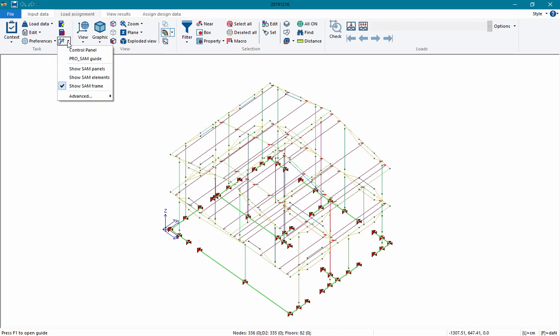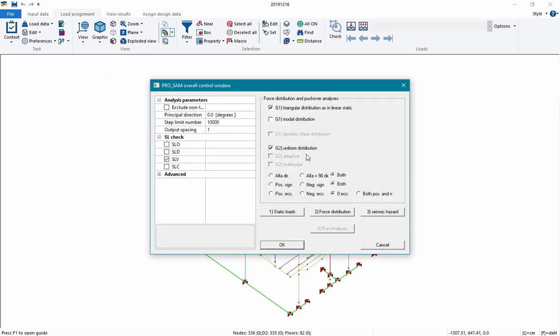To define the seismic action, we will use the control panel, the seismic control panel. We have to choose the distribution of the forces, as an instance triangular distribution and uniform distribution. To save time, we are not considering the eccentricity of the center of mass of the structures, so in this case we will have faster analysis.